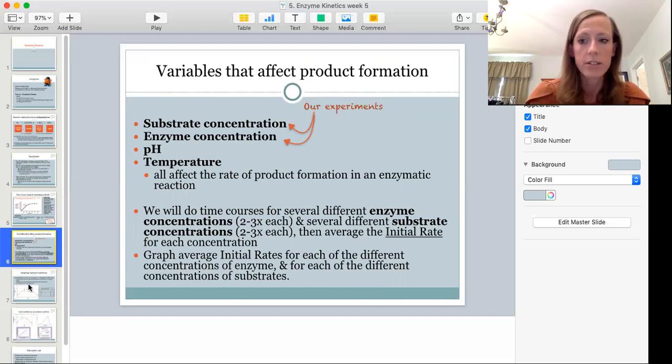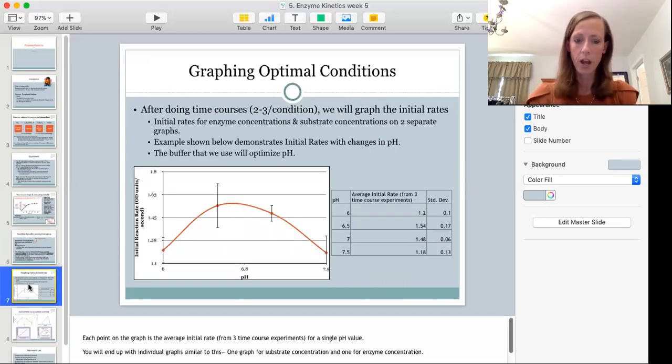So I'm going to give you an example on our next slide here using pH, but you in lab will do enzyme and substrate concentrations. So once you've done your time courses, you're going to take the initial rates from each, again, you're doing 2 to 3 time courses per condition. So for each enzyme concentration, you're going to do that 2 to 3 times.